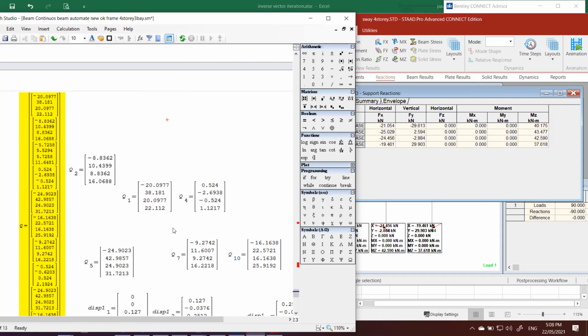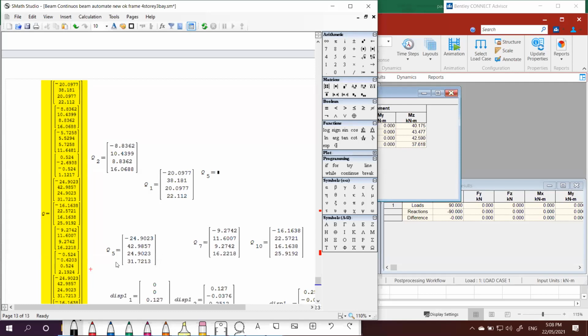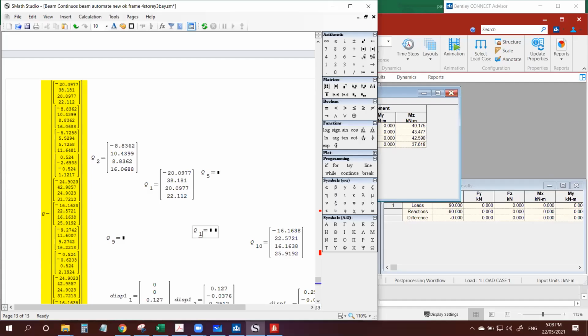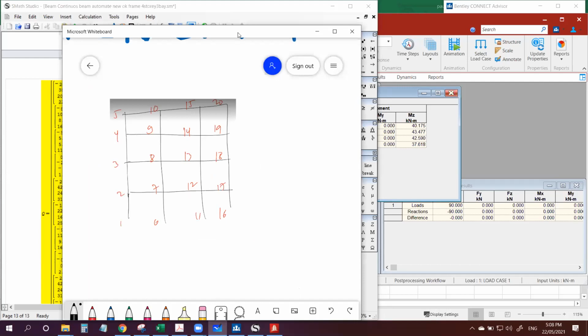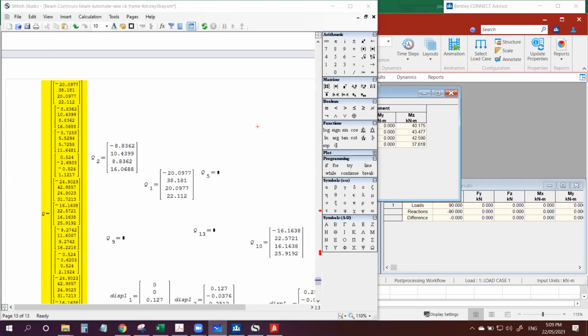So I'll be bringing 1, 5, 9, and 13. Then calculate.